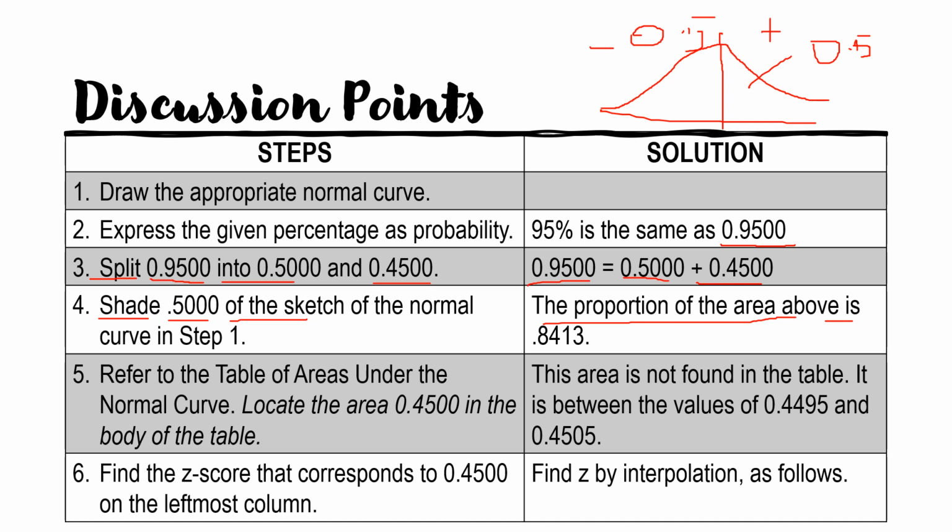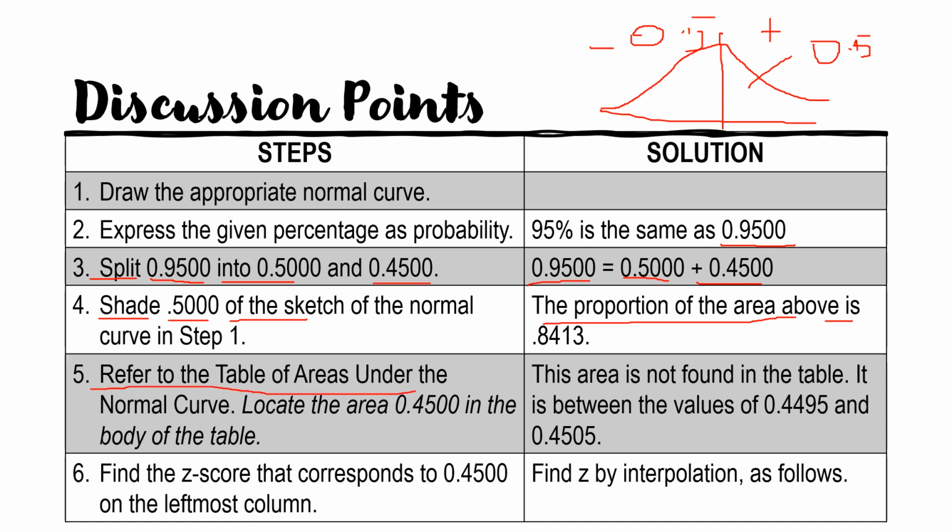If your z is equal to 1, then your area is equal to 0.3413. If we add 0.5, that will be 0.8413.